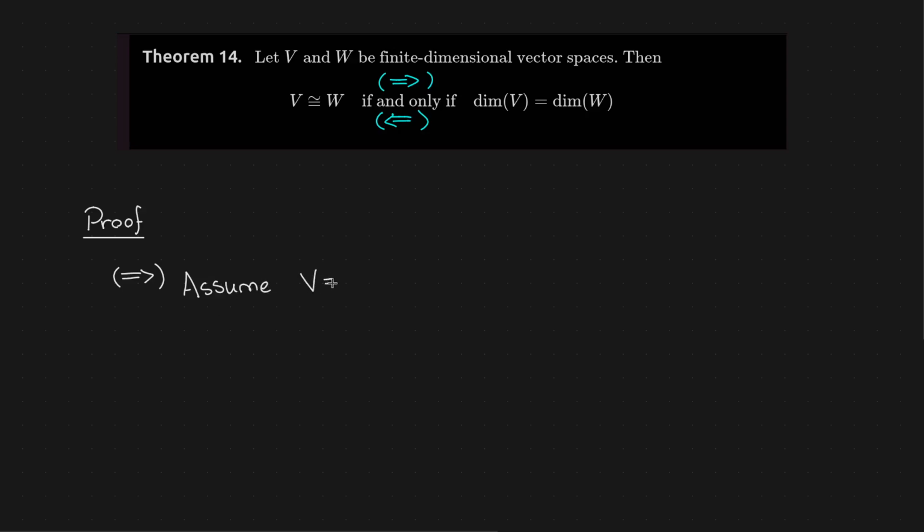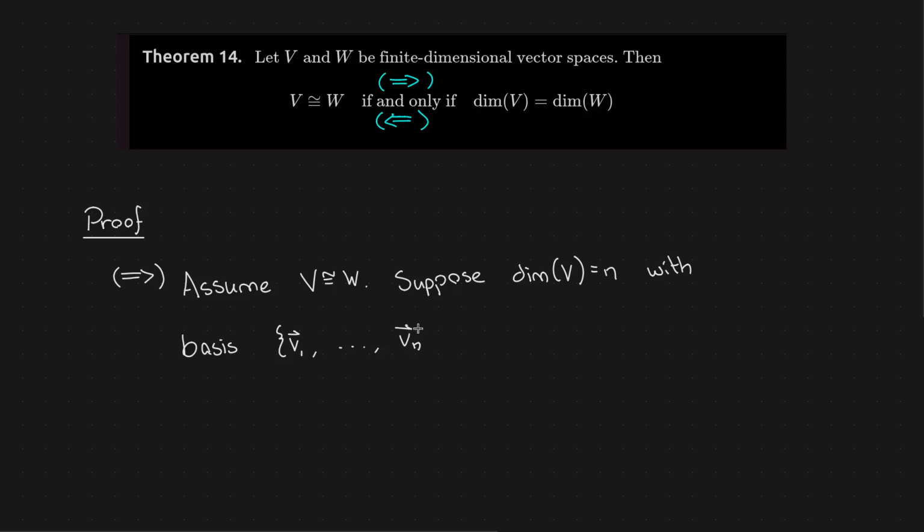Assume V is isomorphic to W. Because V is a finite dimensional vector space, we could suppose that the dimension of V is finite, say equal to n, with basis V1 to Vn.